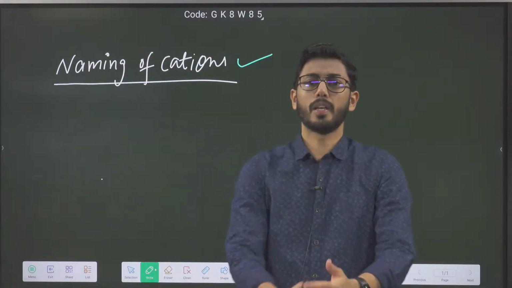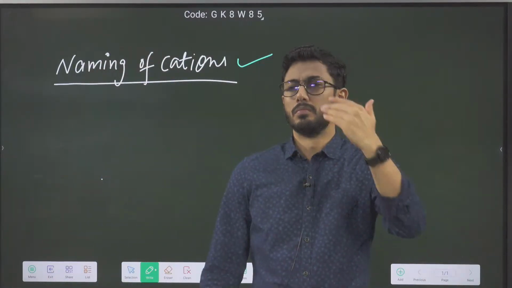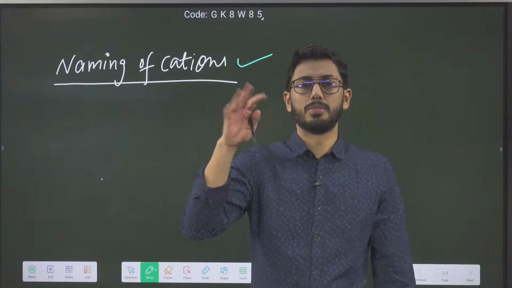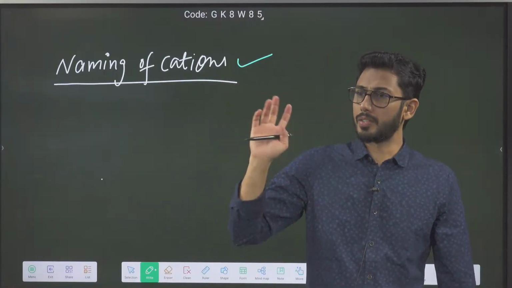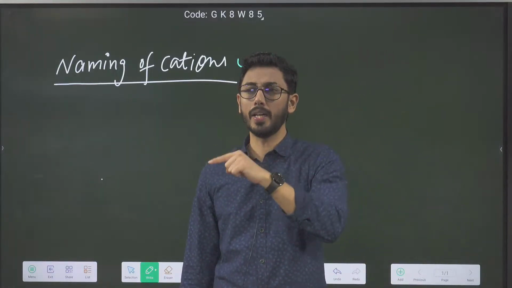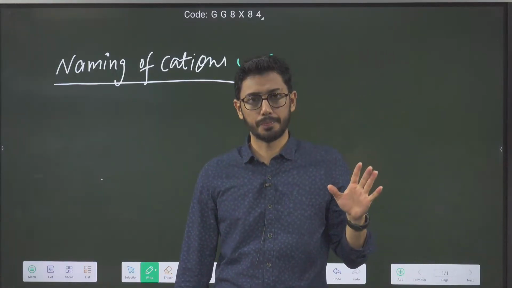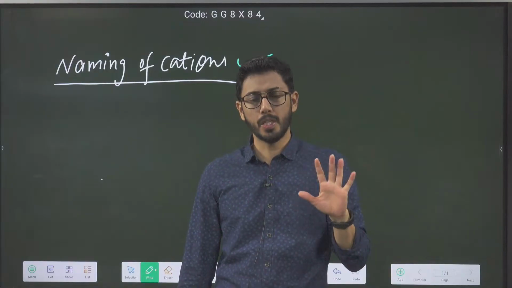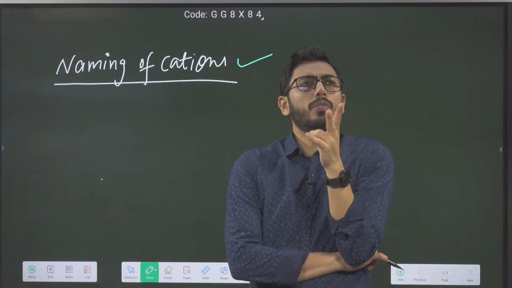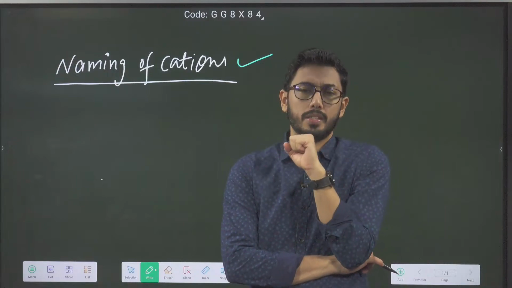That is done. Clear? Then in the naming of anions, we have discussed monoatomic anions: N3 minus, Cl minus, H minus, like this. That will end with ide. Suffix ide is used. Then second case we have discussed of anions derived from oxyacids.